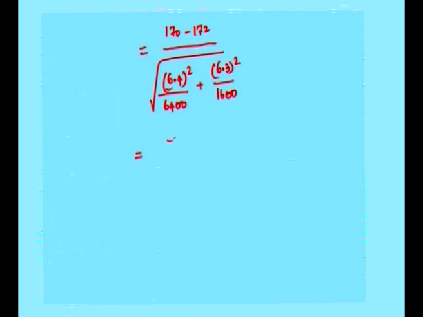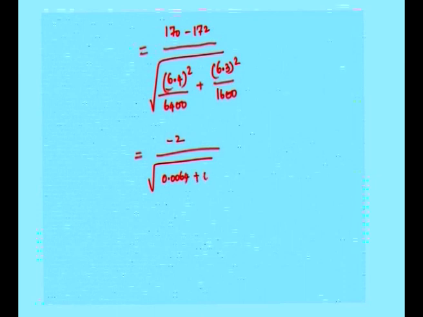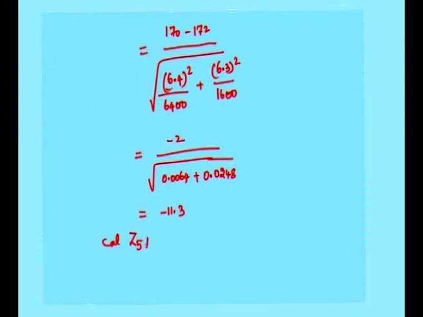So, it is minus 2 divided by root of 0.0064 plus 0.0248, and this value is minus 11.3. So, calculated Z at 5% is equal to modulus of minus 11.3 is equal to 11.3.